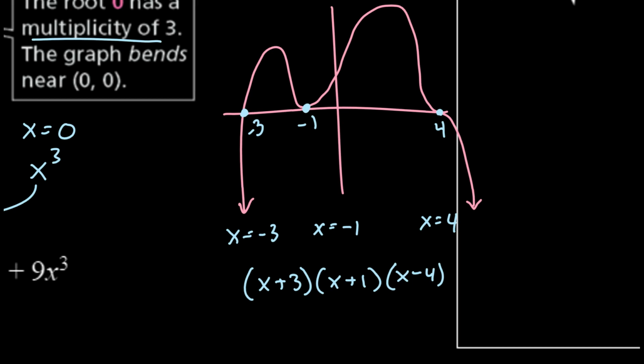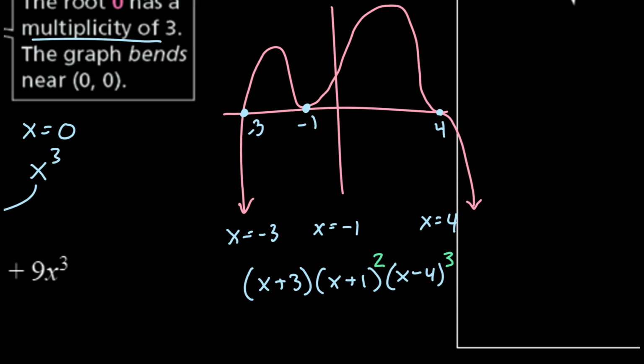So what's the multiplicity there? 2. So what do I put in my equation? X plus 1 squared. Then this last one is coming to the x-axis and then squiggling, looking like a cubic. So the multiplicity is 3, so what do I put in my factored form equation? A cube.